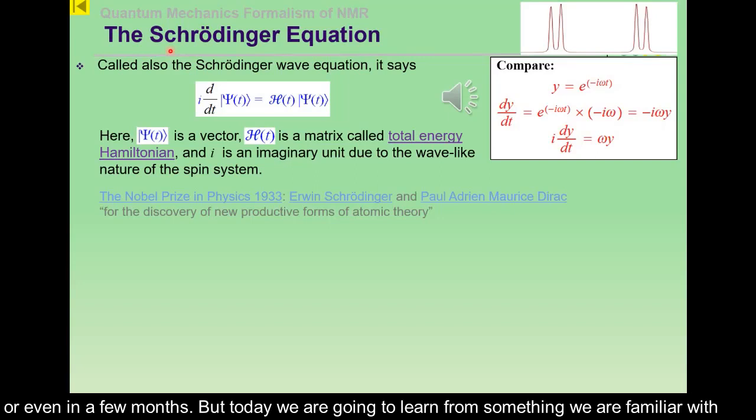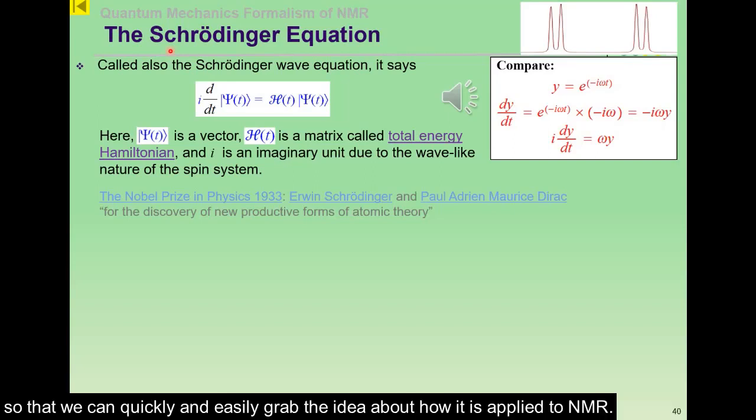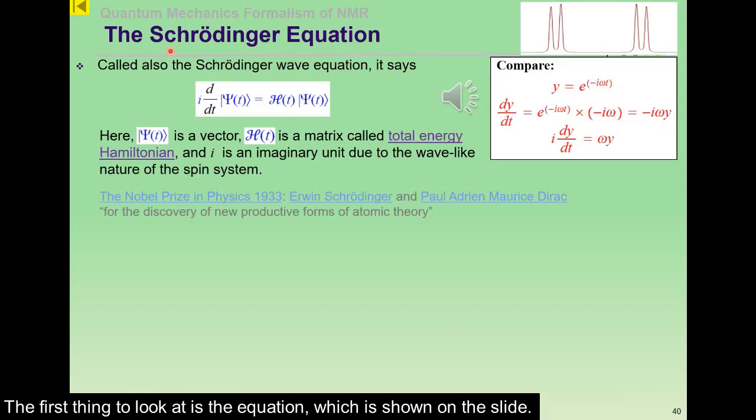But today we are going to learn from something we are familiar with so that we can quickly and easily grab the idea about how it is applied to NMR.